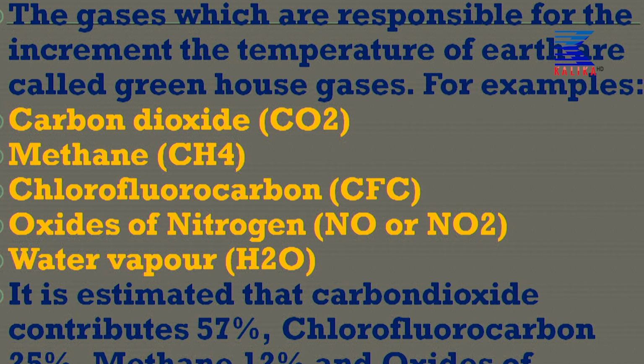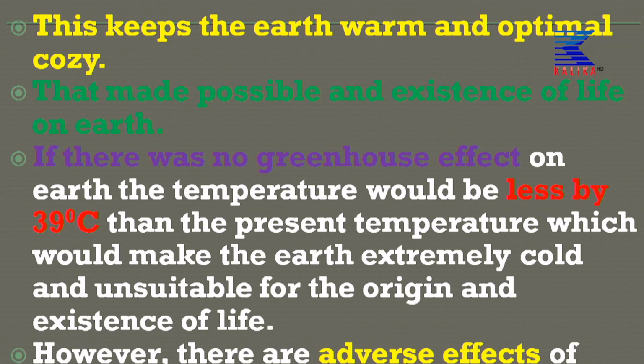And oxides of nitrogen contribute 6% in the greenhouse effect. And other gases like water vapor contribute a bit little, so it's very negligible. Okay, so these are the greenhouse gases.